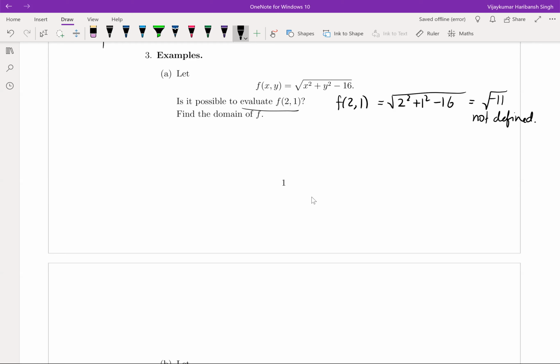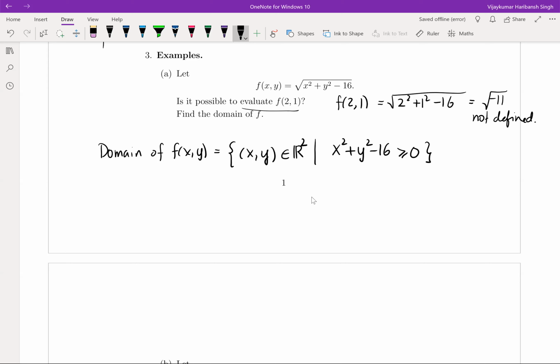So note the domain of f of x, y. Now we cannot have negative numbers inside the square root. So it's all the points x, y coming from the plane. The plane can be written as R2. So all x, y in R2 such that x squared plus y squared minus 16, the inside part of the square root, is greater than or equal to 0.